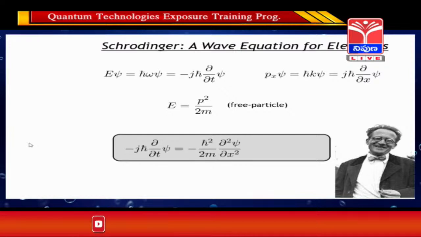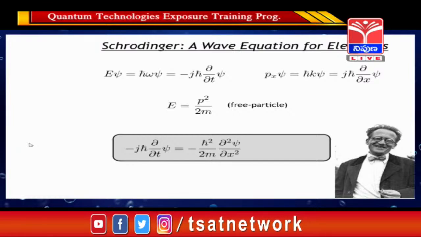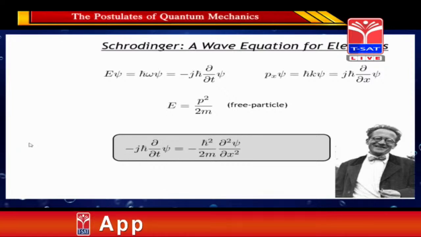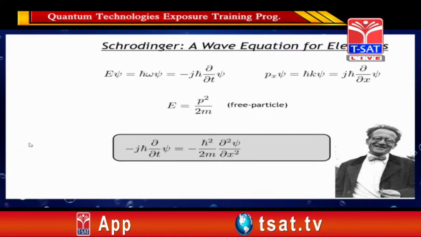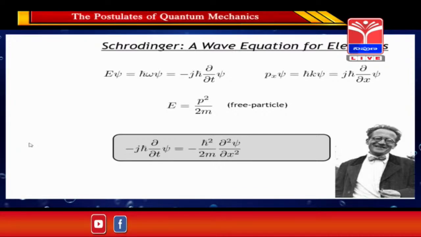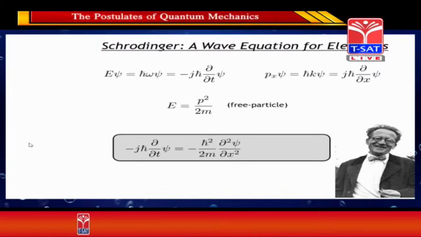The operator of p in one dimension is j h bar del x, so we can get p square from it, which gives minus h bar square del 2 del x square. Similarly, the E operator we already know, so we use it and find this equation: minus j h bar del xi del t equals minus h bar square by twice m del 2 xi del x square.